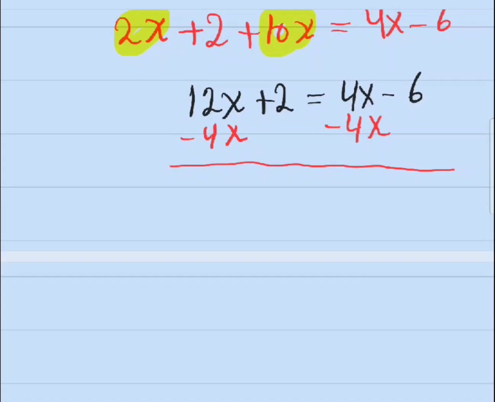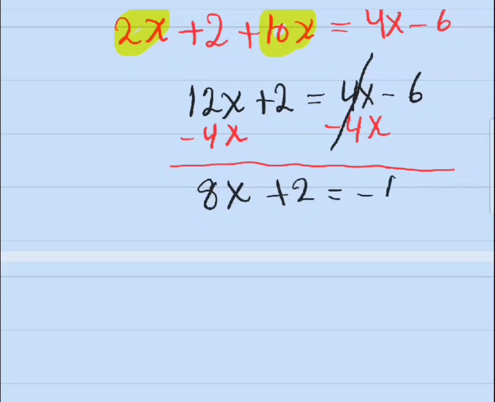The way I'm going to do that, I'm going to subtract the 4x over here. But if I do a subtraction on the right-hand side, I'm going to have to do it on the left-hand side. So this is going to be 8x plus 2 is equal to negative 6.